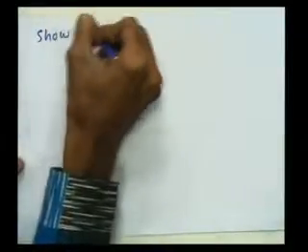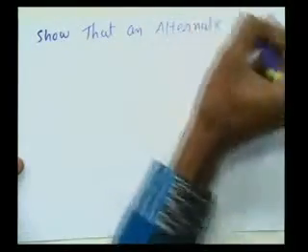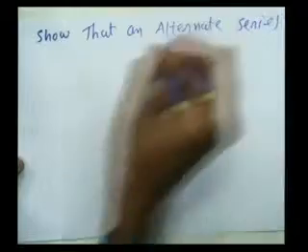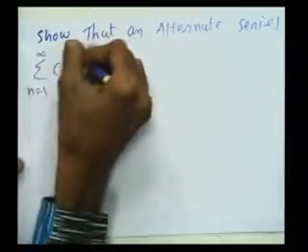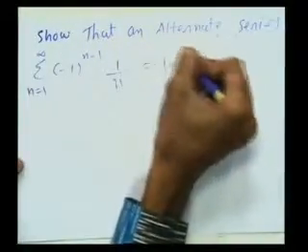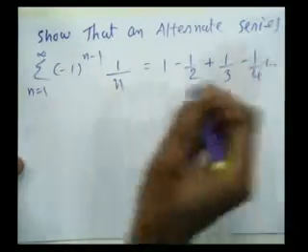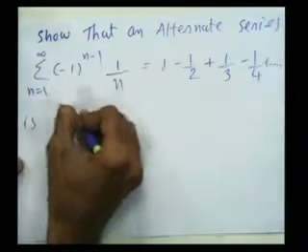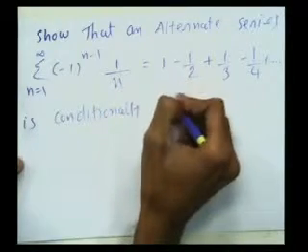Let's take one more example, an alternate series: sigma n equal to 1 to infinity, (-1) raised to n minus 1, upon n, which is 1 minus 1/2 plus 1/3 minus 1/4 plus up to infinity.